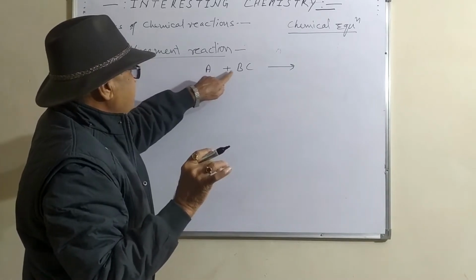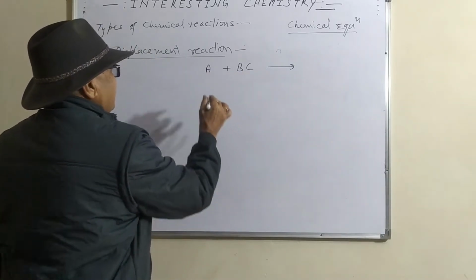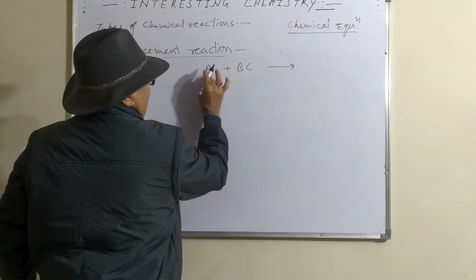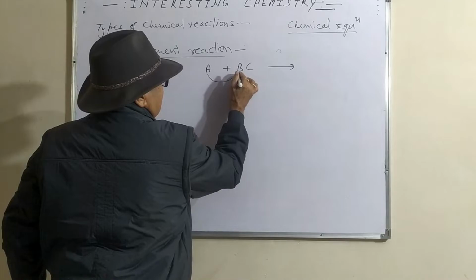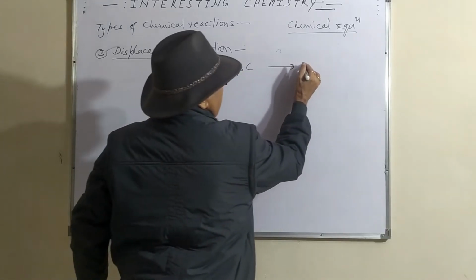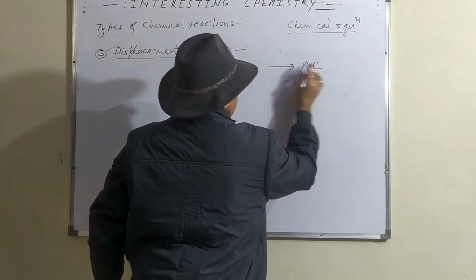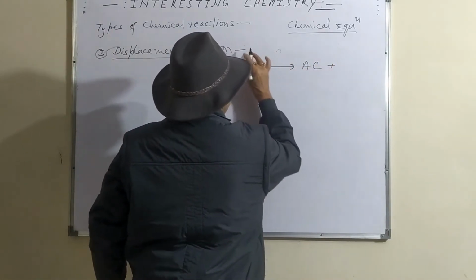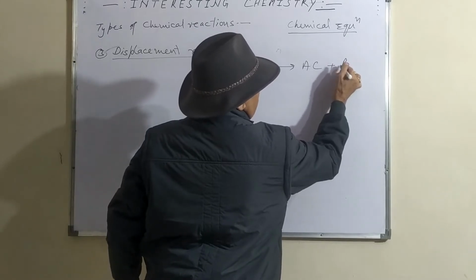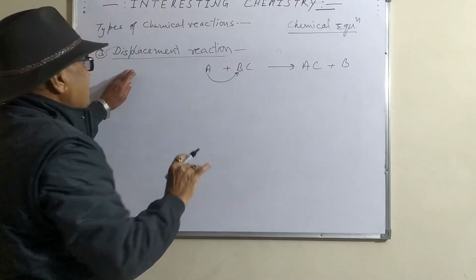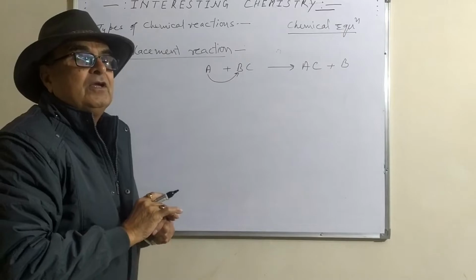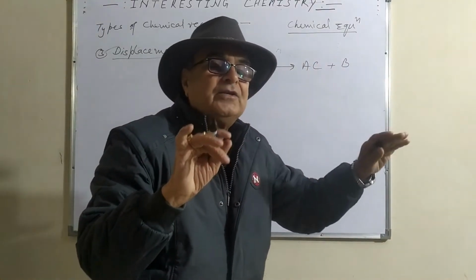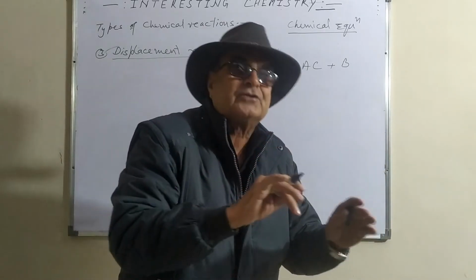When A plus BC reacts, A will displace this B. So the newly formed compound will be AC, and B will be out here. So this is the displacement reaction. It will help us tell the nature or the name of the products.